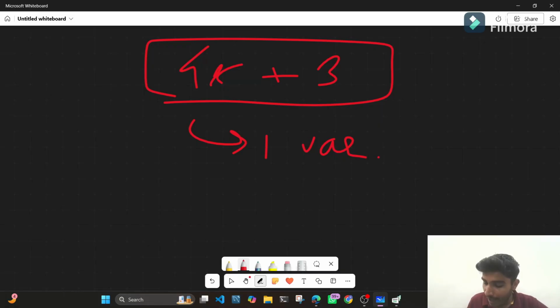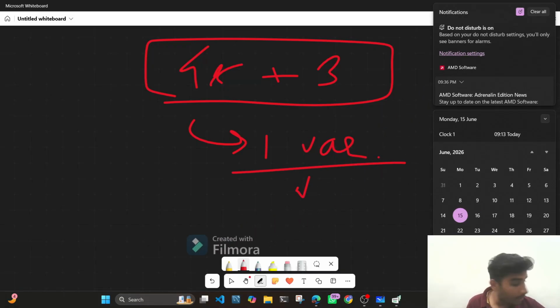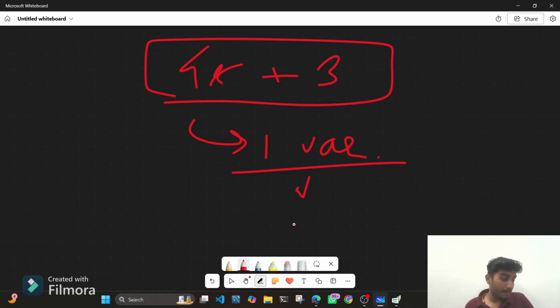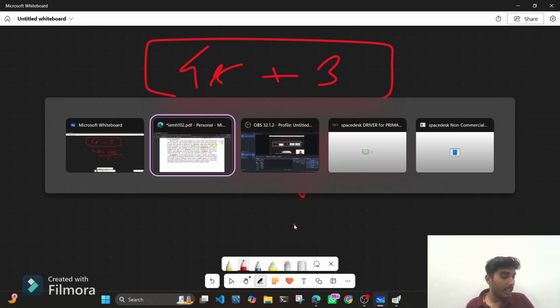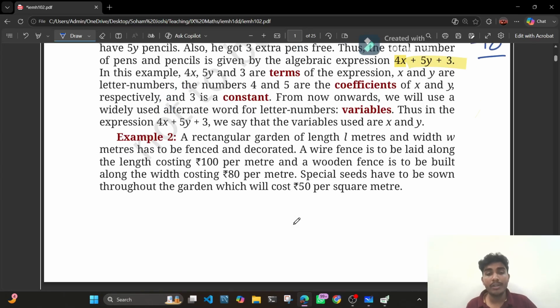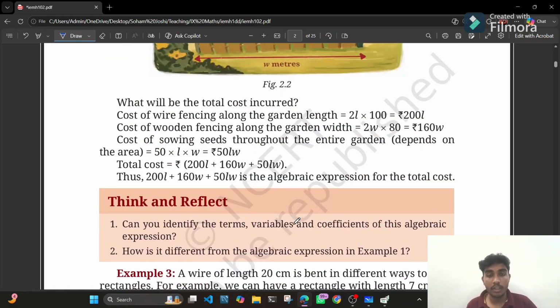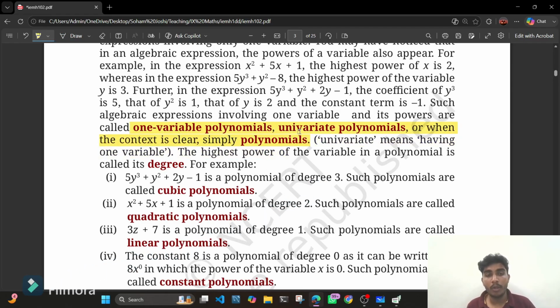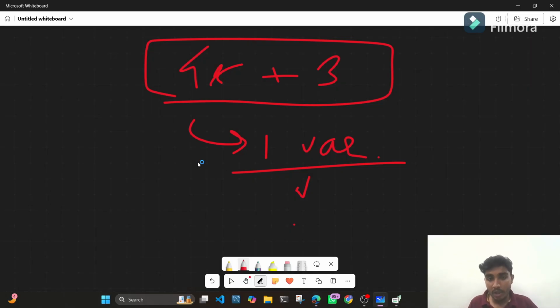So when we have one variable, it is called a one variable polynomial, univariate polynomial, or simply a polynomial. Algebraic expressions involving one variable and its powers are called one variable polynomials. So this is how we represent a polynomial.